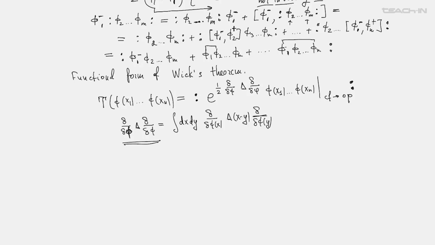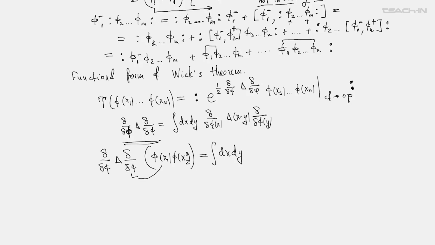Now, practically, if you take phi on x1, phi on x2, what do we get if we apply such an operator to the product of these two fields? You will get integral dx dy, and you see that first this delta phi can be applied to phi on x1, and then it can be applied to phi on x2.